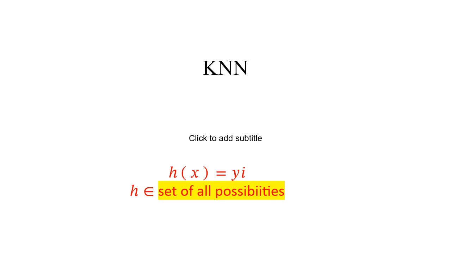The test set is my yi's. So using all the hypotheses, we want to calculate the yi, or the test sets. Here h is the set of all the possibilities we can use to get a correct output.